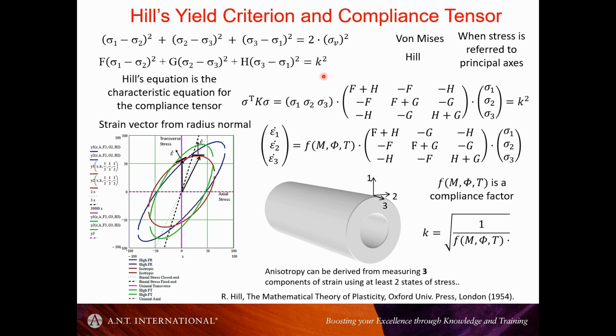Now, the neat thing about these criteria, and I'm not sure which came first, the chicken or the egg kind of thing, but it turns out that Hill's yield criteria, and the same applies to von Mises as well, is actually the characteristic equation of the compliance tensor.